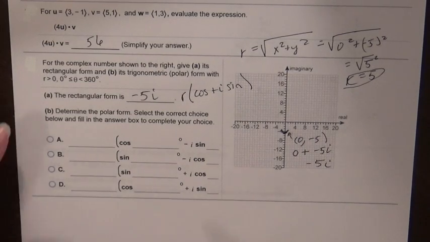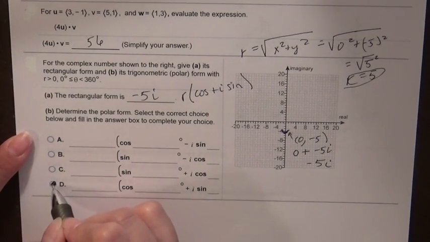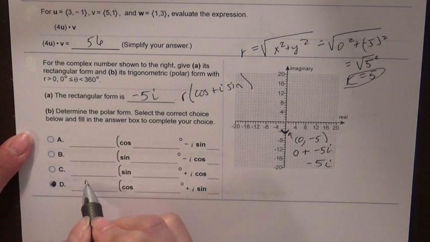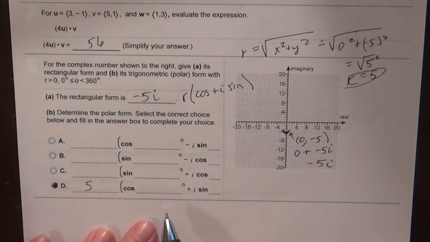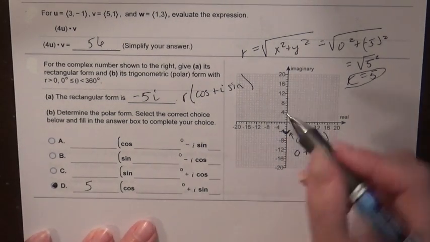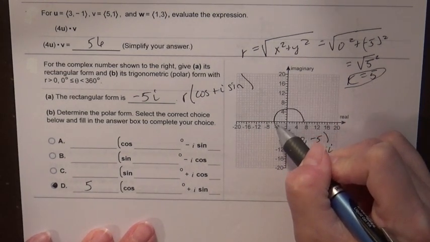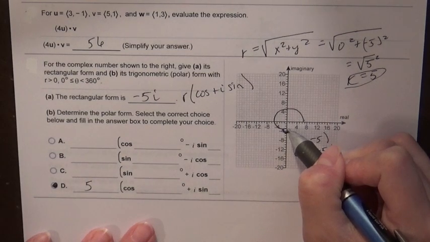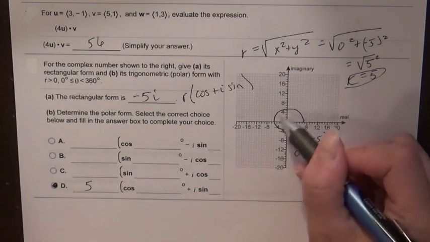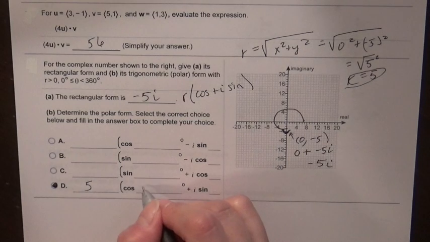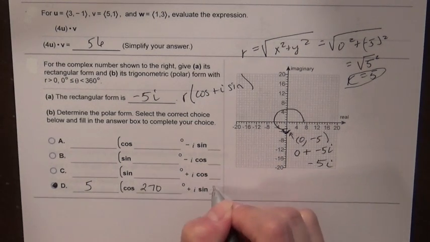So it's got to be d, and so we're going to go with d. r is 5. Alright, then we have to get our angles for cosine and sine. Well, remember, if you start over here, to get all the way around to there, that's going to be how many degrees? That's 270 degrees. So 270, 270, and that's it.